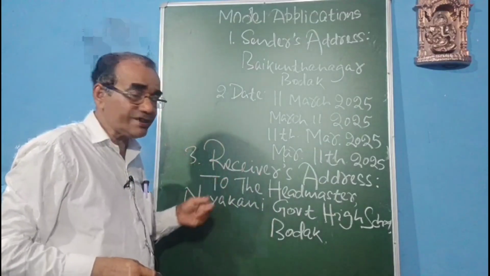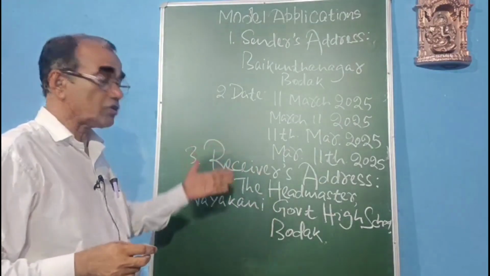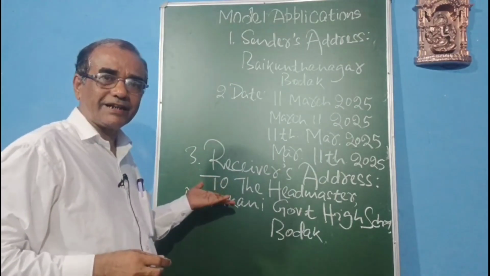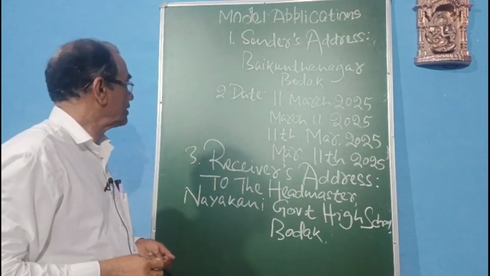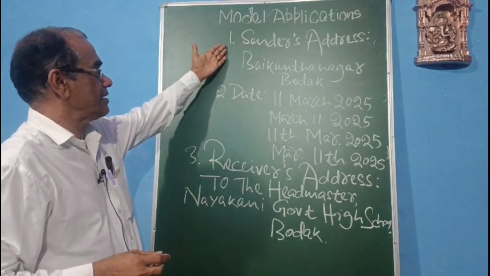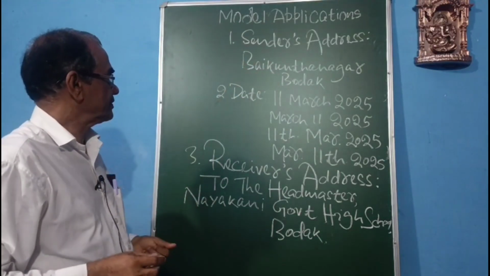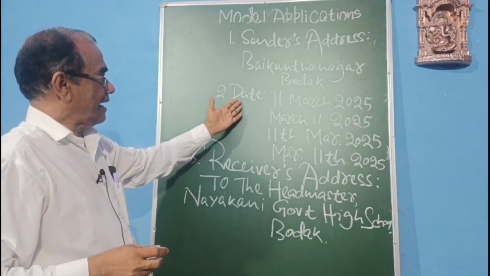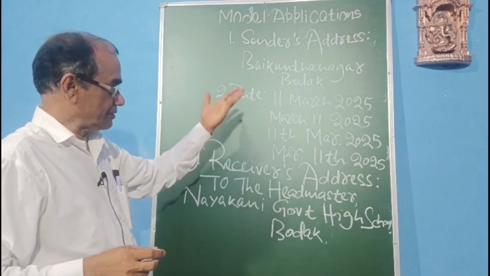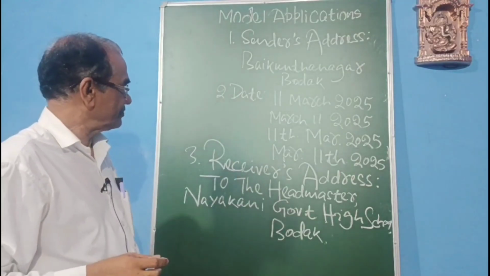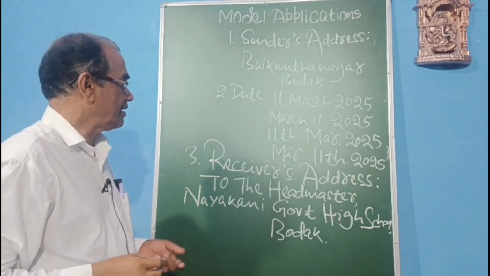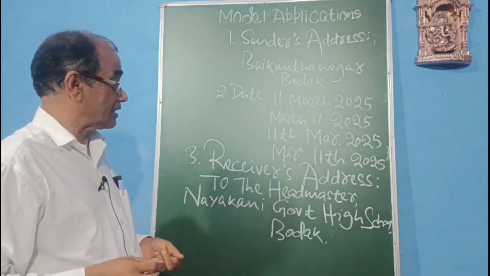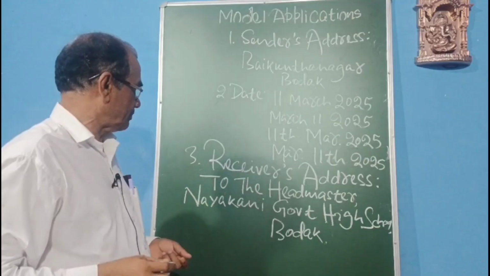I would like to advise you to take note of these points before going to the next part of the application. First one is the sender's address, Vaikuntha Nagar, Boda. Second one is the date. Out of 4 patterns, you have to prefer any one of them: 11 March 2025, March 11, 2025, 11th March 2025, March 11th, 2025.